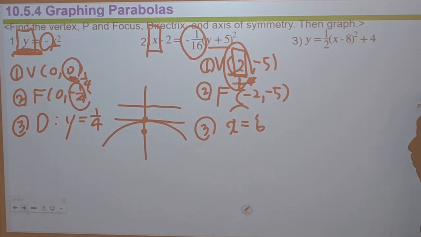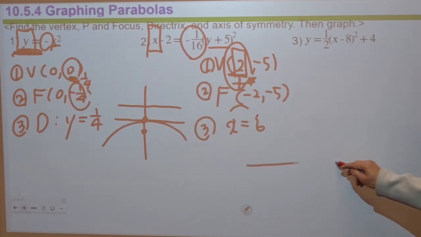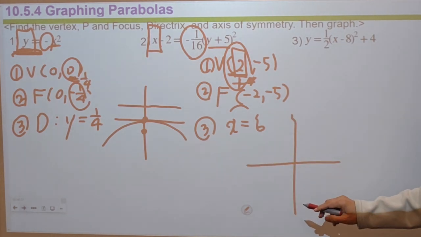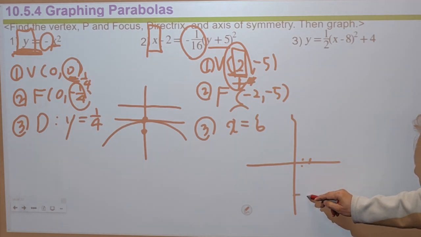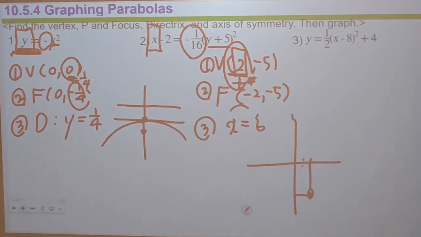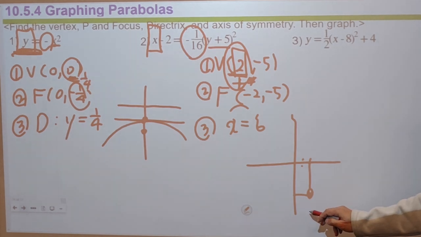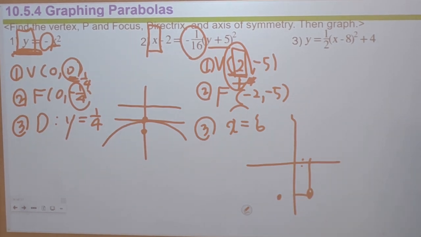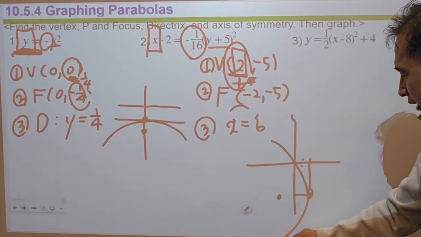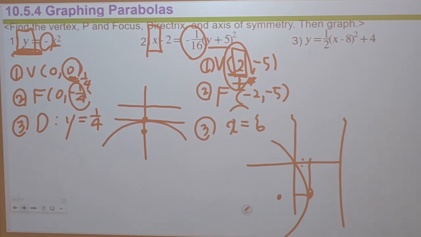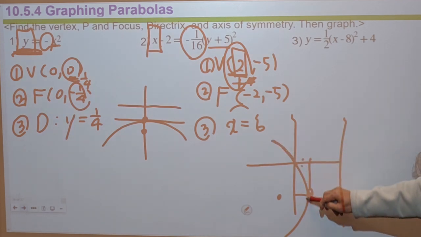That's the directrix. If you draw roughly, the vertex is at (2, -5) right there, and the focus is (-2, -5). The parabola goes around the focus like this. The directrix will be right here, right? So draw something like this.